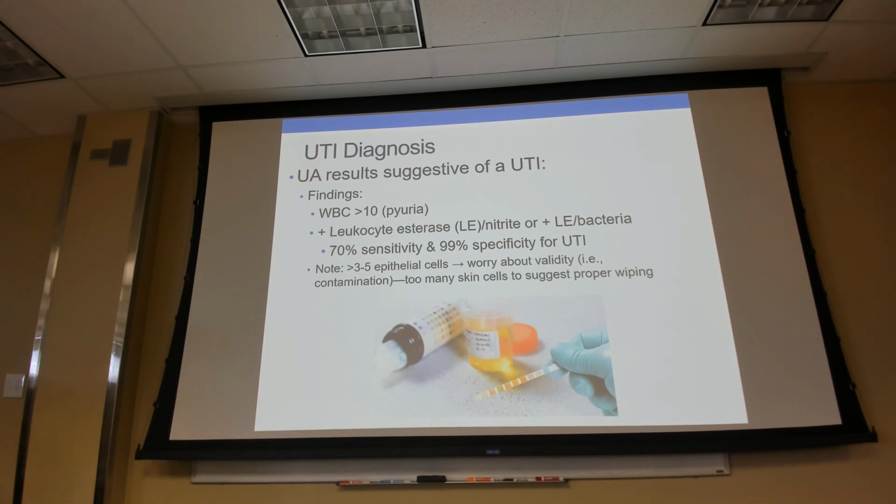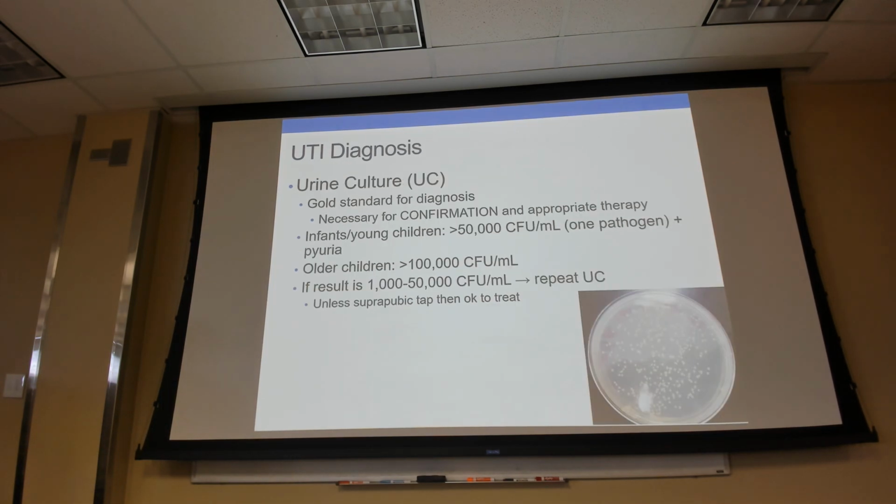Certainly if you have leukocyte esterase or nitrites, that is helpful. However, that is a byproduct of the bacteria after it's been concentrated in the urine. So again, children aren't doing that, so it's just not a great indicator always for children. Very specific, not very sensitive for children. And then those epithelial cells, again, often from the bag, really functionally invalidate your sample. That's why you need that culture.